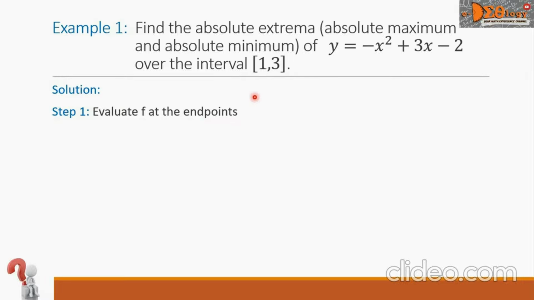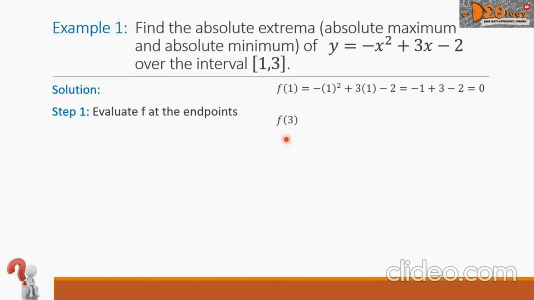The endpoints are the end numbers of the interval, and these are 1 and 3. Let us begin with f of 1. So we have the negative of the quantity 1 squared plus 3 times 1 minus 2. The negative of 1 squared is simply minus 1, plus 3 times 1 is 3, then minus 2. Simplifying these three numbers, we have 0. The f of 1 equals 0.